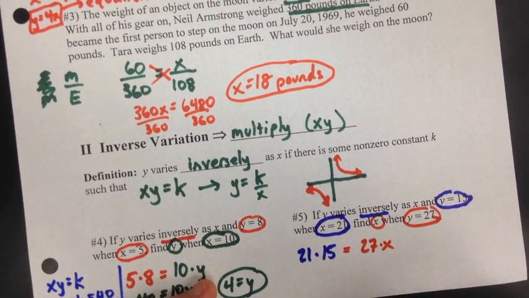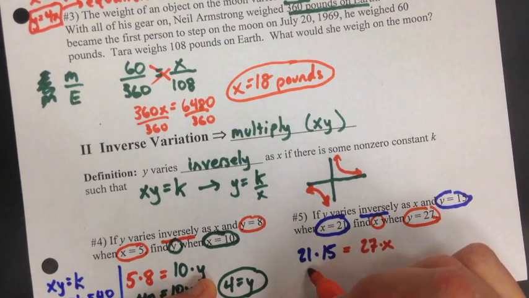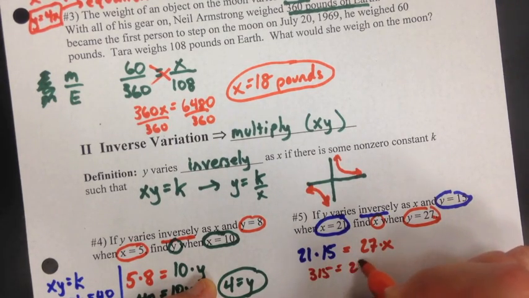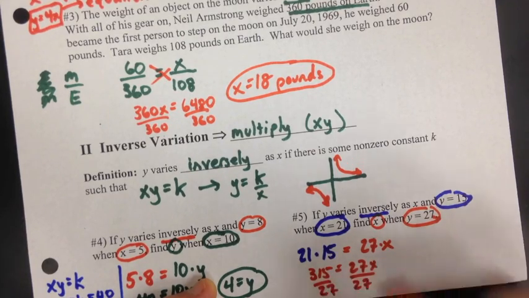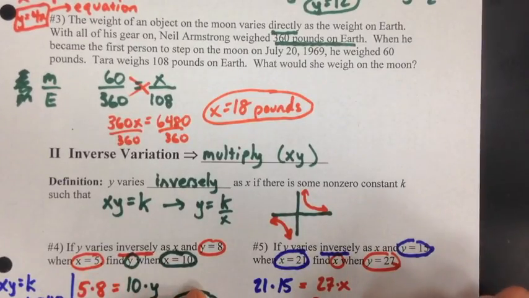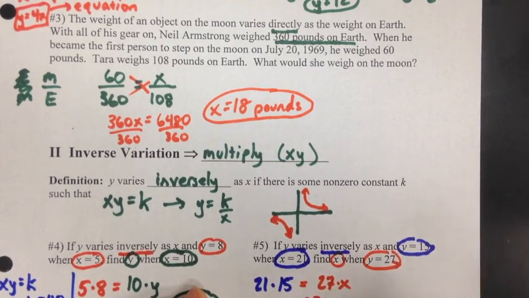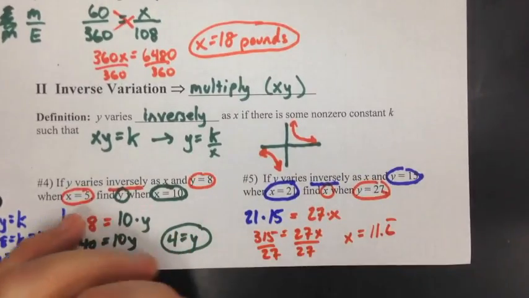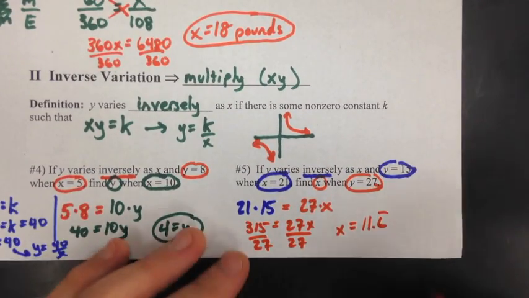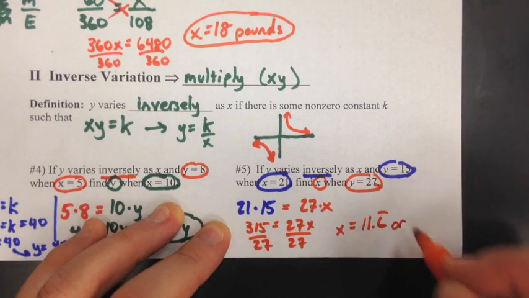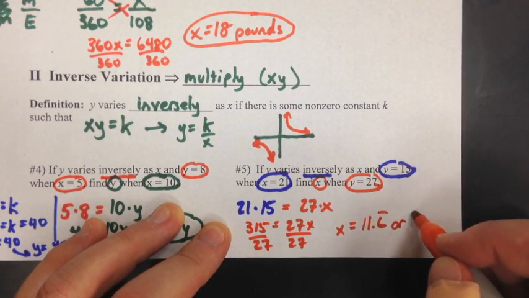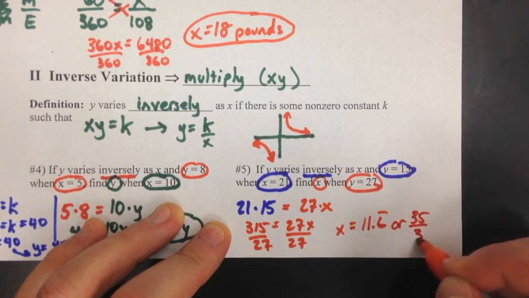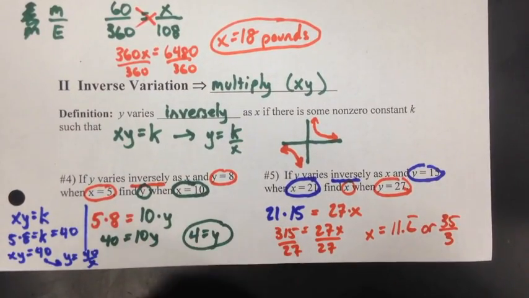Okay, so we'll work that out here. 21 times 15 gives us 315 equals 27x. Last step is divide by 27, the coefficient. Now what we get here is 11.6 repeating. So you can write your answer as 11.6 repeating as a decimal, and as a fraction, it would be 35 over 3.